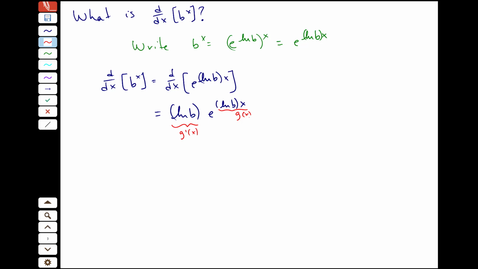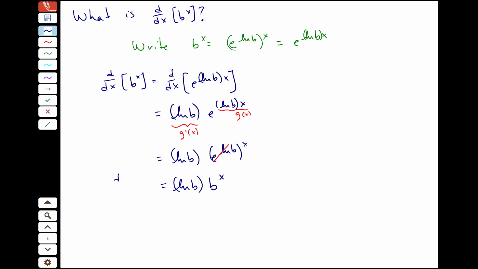Well, now, if I look at this expression, the e and the natural log are going to cancel out. So if we go to simplify this, I have the natural log of b. I have e to the natural log of b raised to the x power. Those cancel, and what I end up with is the natural log of b times b to the x.